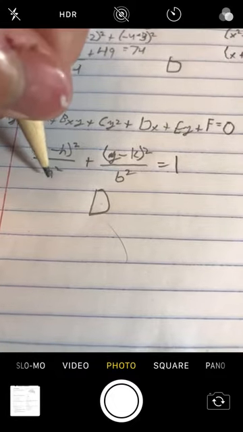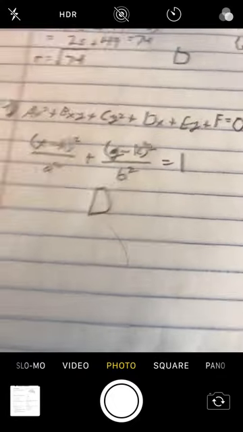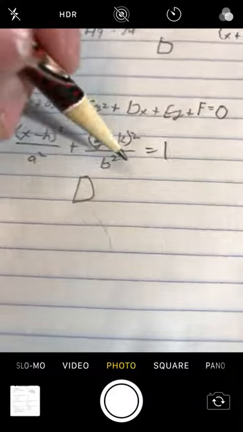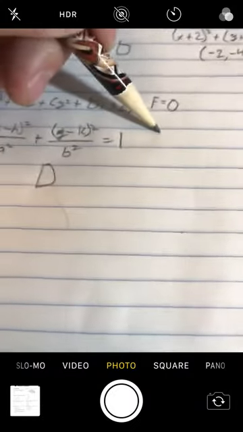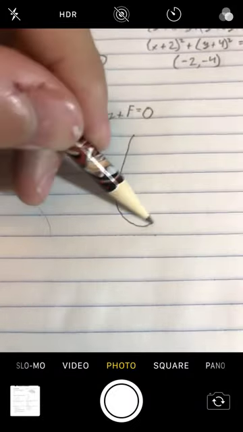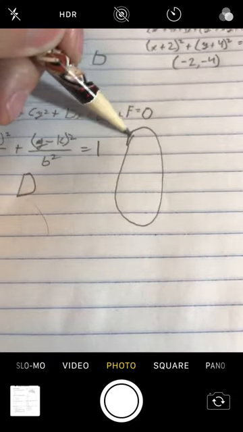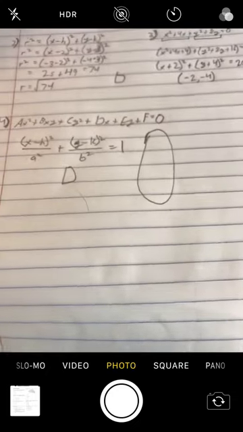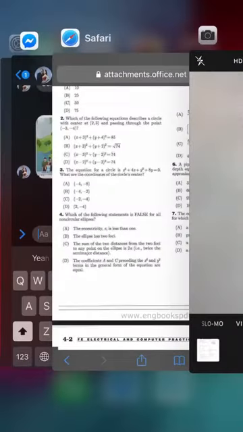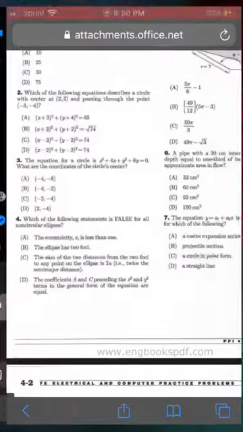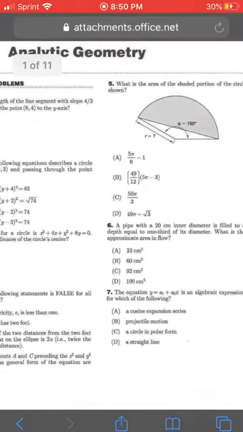So generally, like a squared would equal, let's take for example 9, and b squared would be 16. Then you would get something like this. Kind of looks like an avocado. Okay, let's move on to the next one.